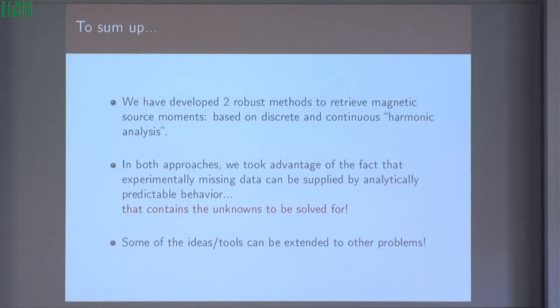So just to sum up, I tried to show two different methods aiming to recover the net magnetization moment, and one of them is based on a Kelvin transformation, which is a nice generalization of the Möbius transform in classical complex analysis.